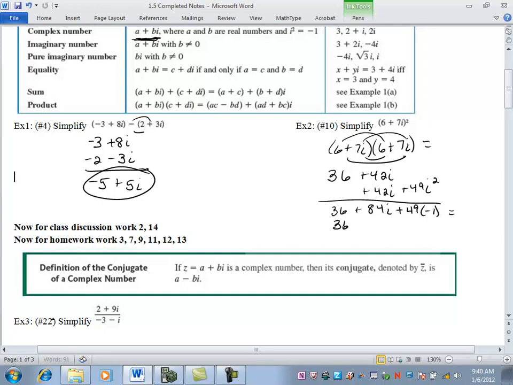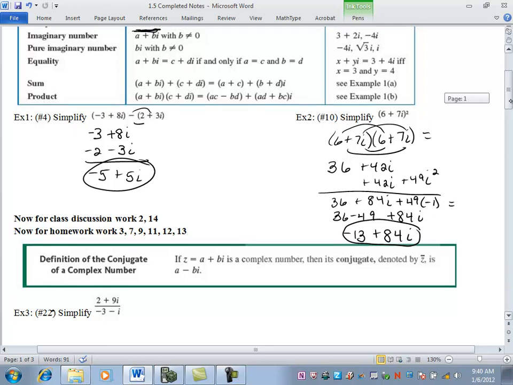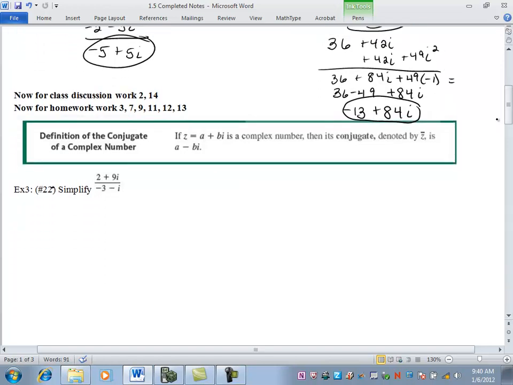We get 36 minus 49 plus 84i, getting this in standard form. 36 minus 49 is -13 plus 84i. So this is how we multiply two binomials together where they are complex numbers.